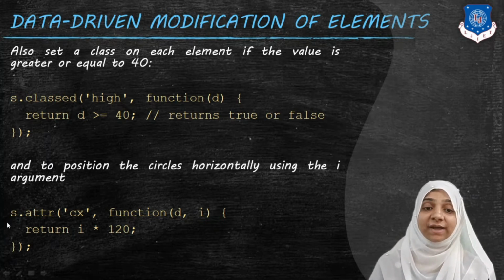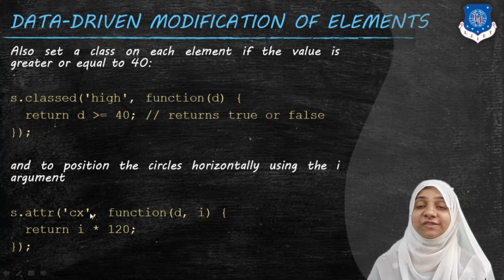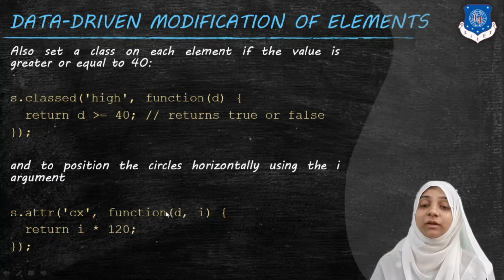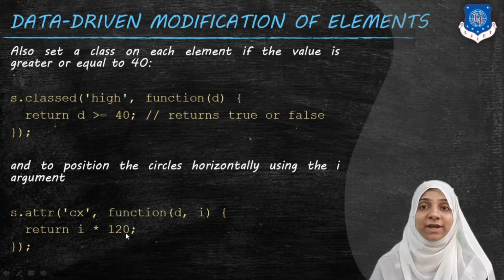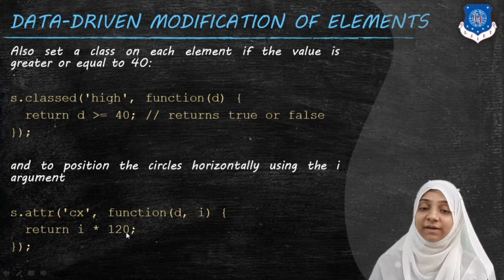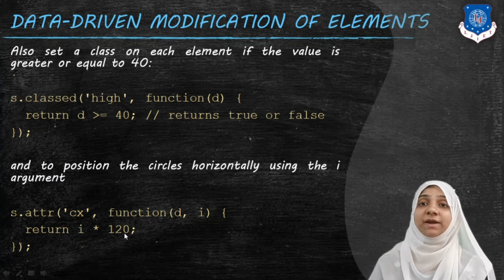That's why we write s.attr cx, that is the center of the circle in the x direction, which is a function of data and index both. Whatever the index of the circle is, I will multiply it with some value, say 120, and using that we can separate out the different positions of the circles.